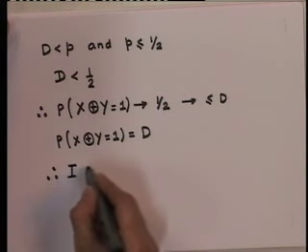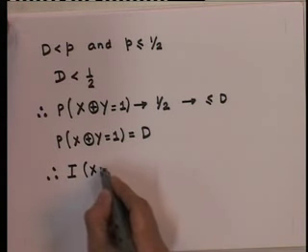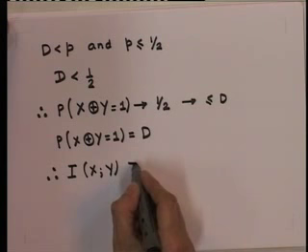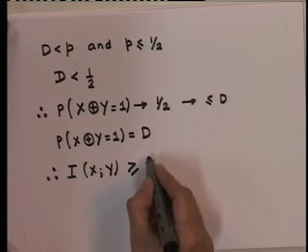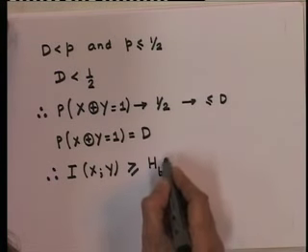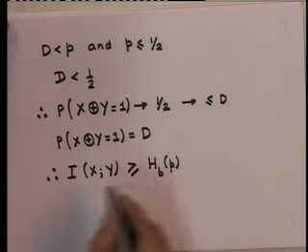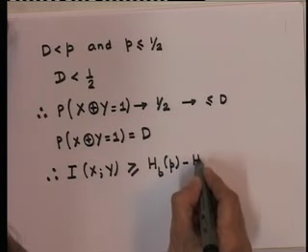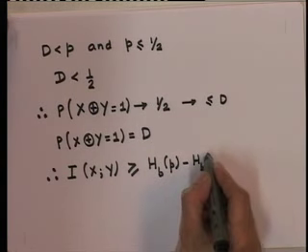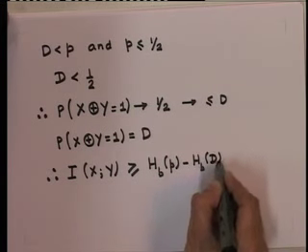Therefore, we get mutual information greater than or equal to h_b(p) minus h_b(d).